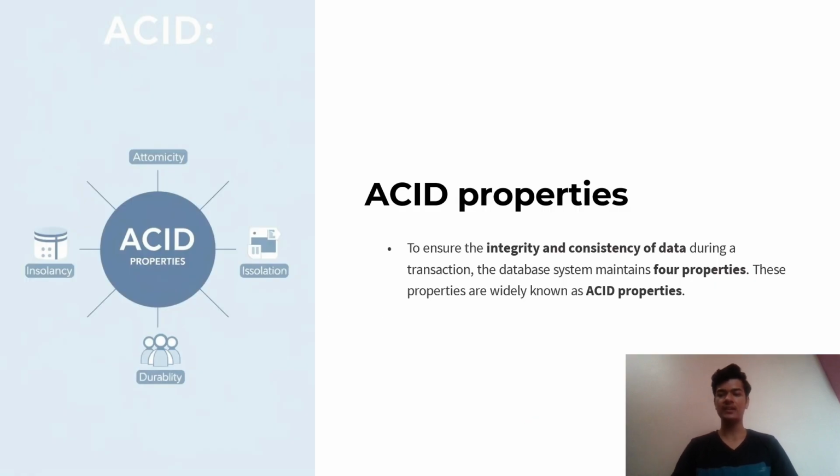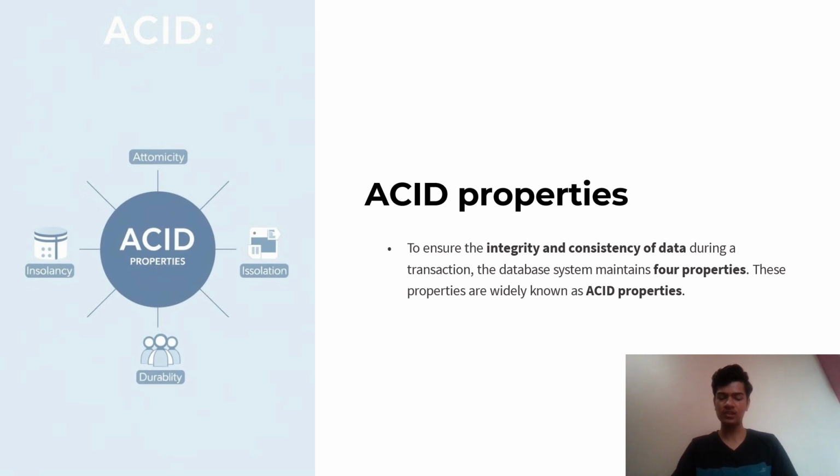Now, in transactions, the integrity and the consistency of data in the database should be ensured. That's why the database management system maintains four properties known as ACID properties. Atomicity, in which the whole transaction is considered as one. It either commits or it is rolled back.